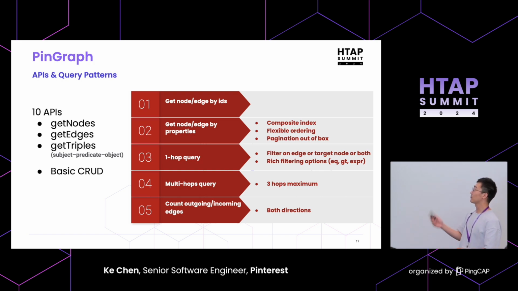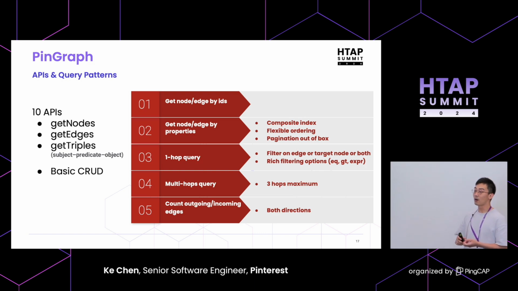In terms of query patterns, we have get node edge by IDs or get node edges by properties, except this time we support composite index, and ordering is flexible. Range query we also support, and pagination is out of the box for those range queries.